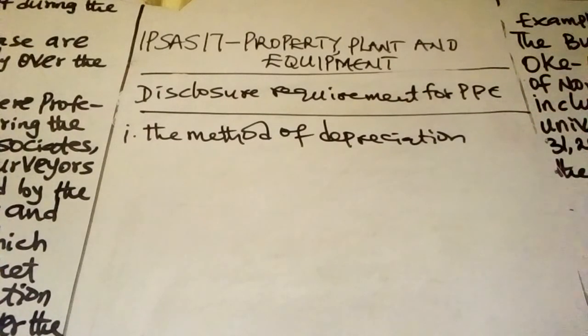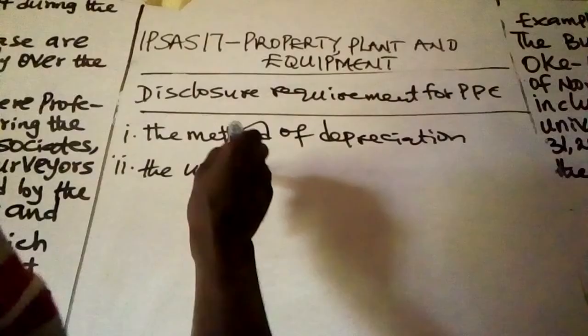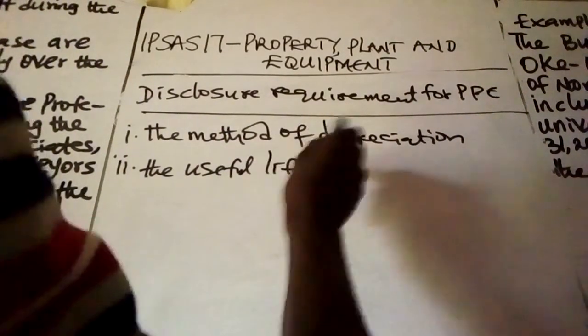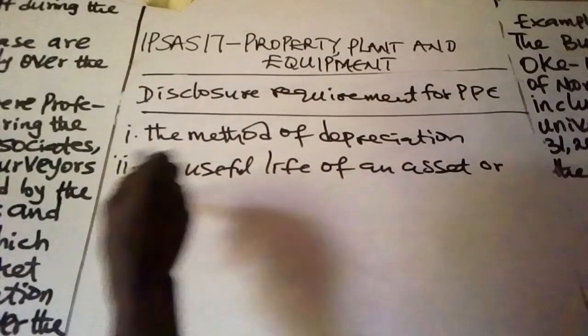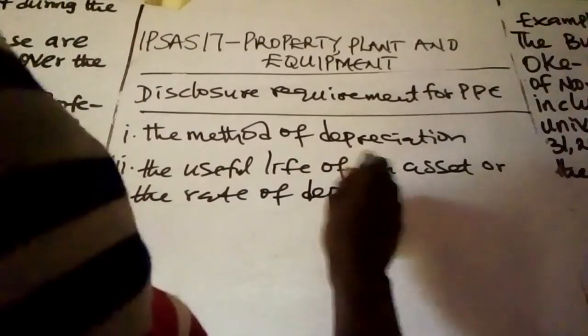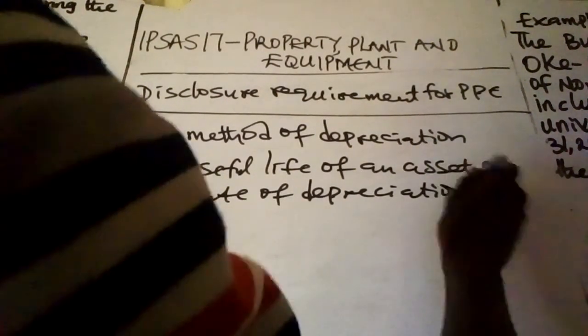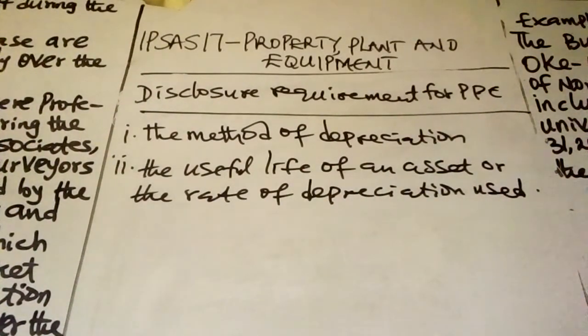Number 2, the useful life of an asset or the rate of depreciation used must equally be disclosed.